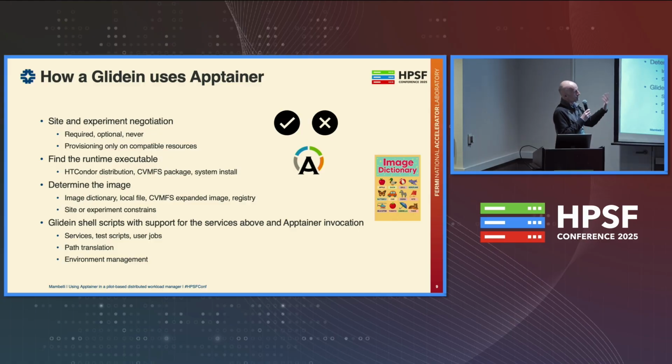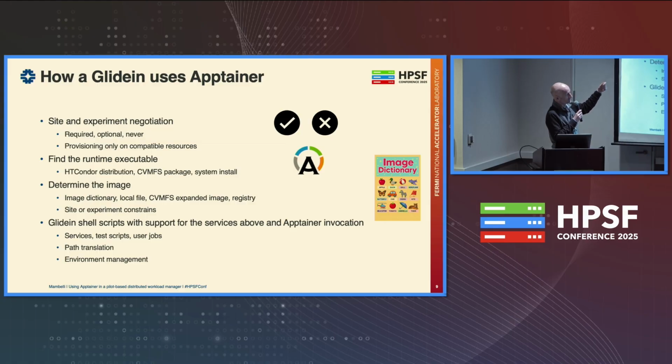So each site and each experiment tell if containers are required, optional, or they don't want to use them ever, right? So we know where an experiment can run also depending on that. And depending on what they decide, we decide to provision the experiment there and eventually run in a container.